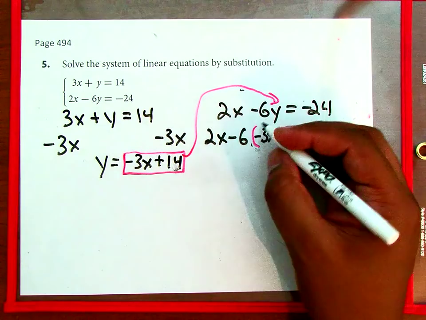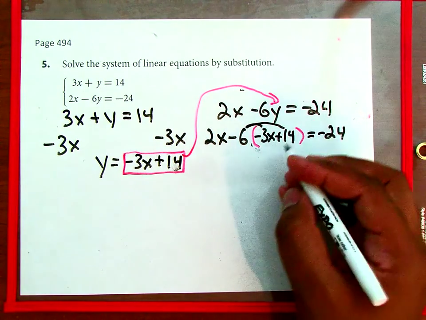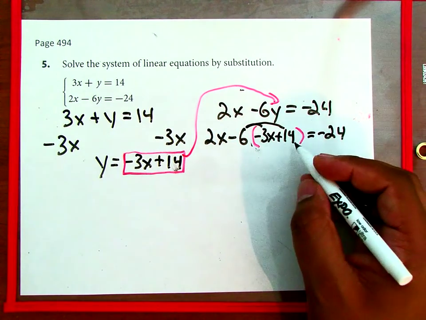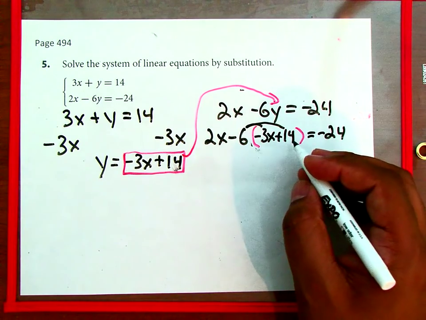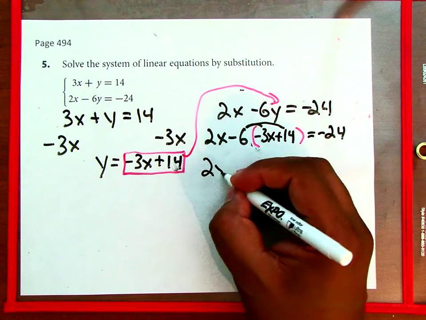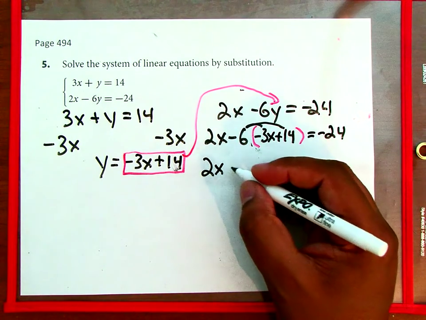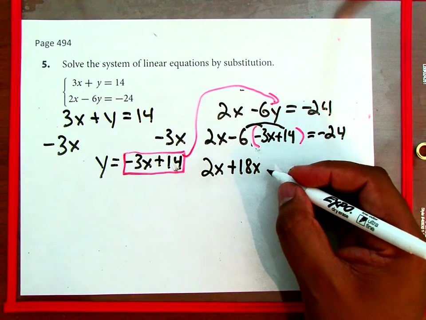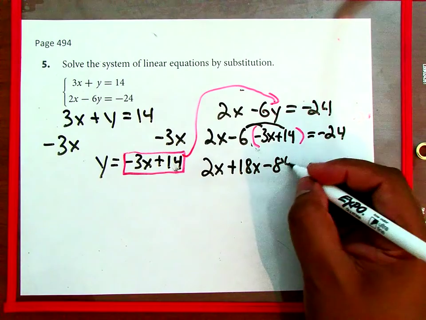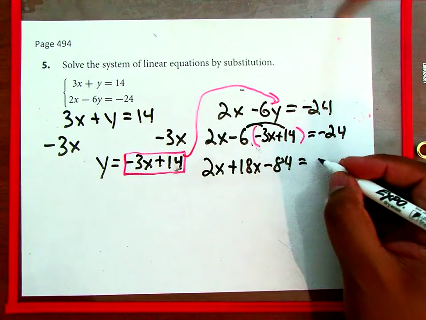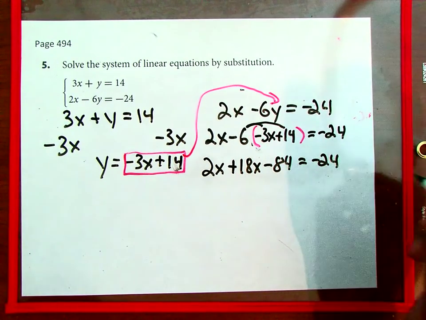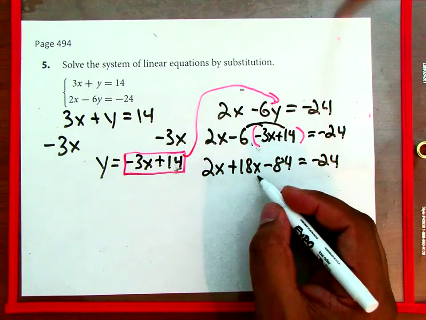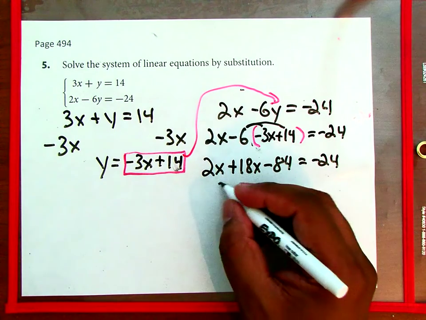First I'm going to distribute the negative 6 to negative 3x and 14. So I have 2x plus 18x minus 84 is equal to negative 24. Then I combine my like terms, 2x and 18x, and get 20x.